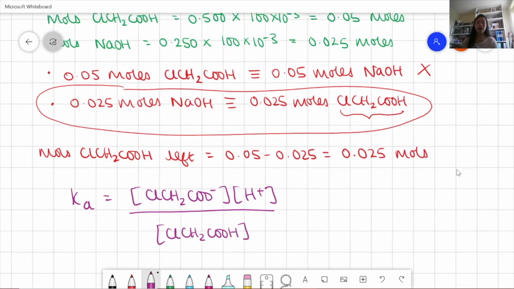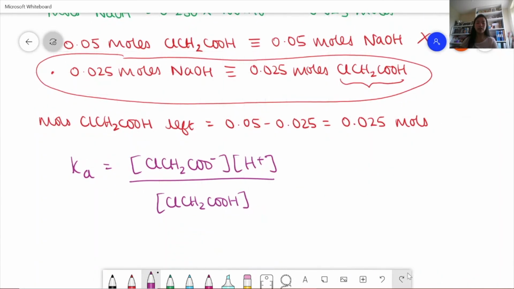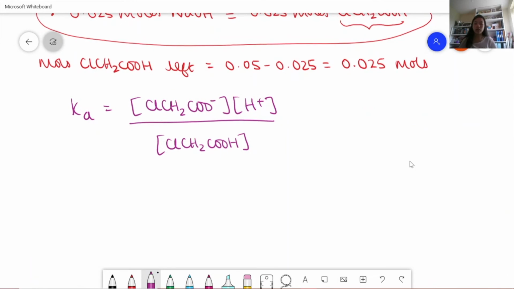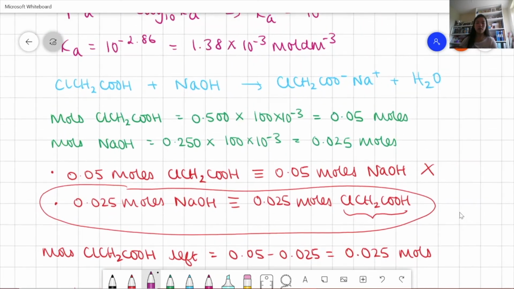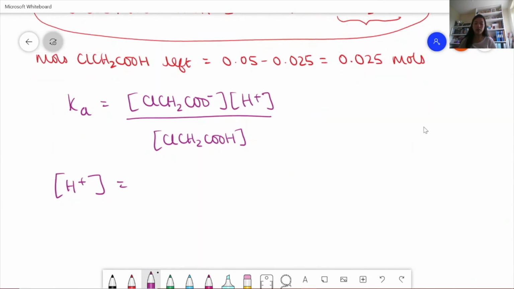So the Ka value we worked out as 1.38 times 10 to the minus 3. So we have H plus concentration is equal to 1.38 times 10 to the minus 3, multiplied by the concentration of chloroethanoic acid, which is this 0.025.